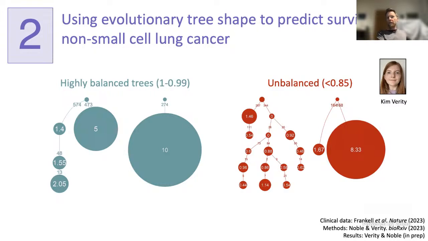It's not my area of expertise, but it seems to me that they now have a very nice statistical model for inferring these trees that gives you a pretty robust idea of the tree shape. There are some caveats. Yes, these are not necessarily ground truth. We can't tell exactly what the true tree is, but the other advantage now is that it's a very large cohort of 400 odd patients.